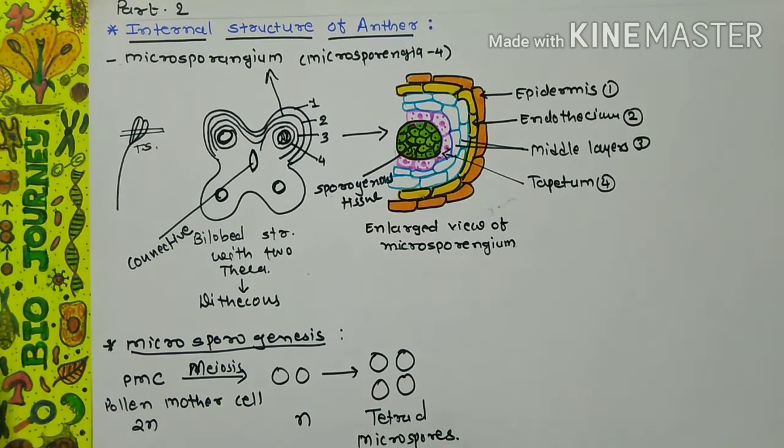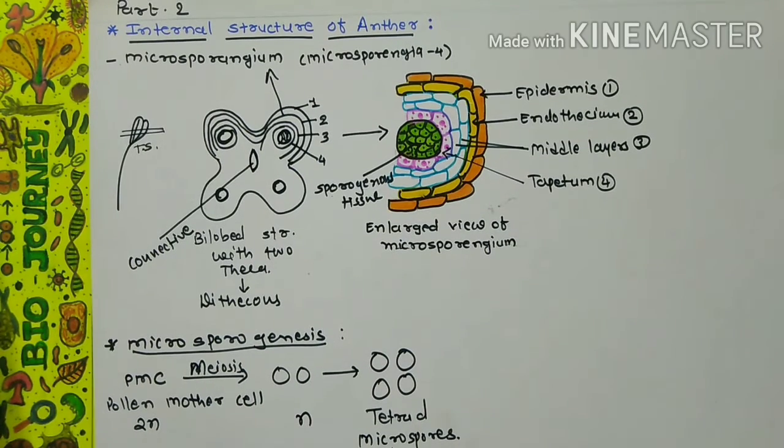When these microspores turn into the mature condition, they are known as pollen grains. And each pollen grain is a representative of the male gametophyte.